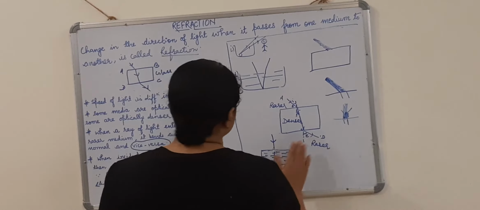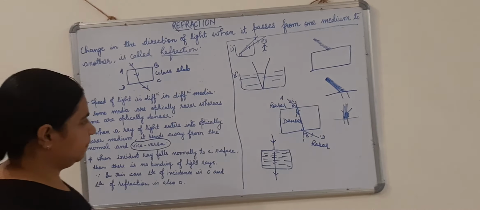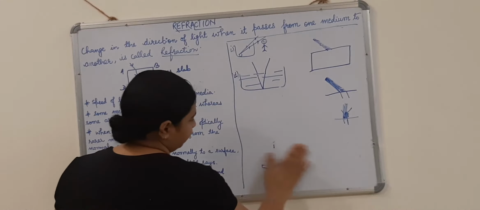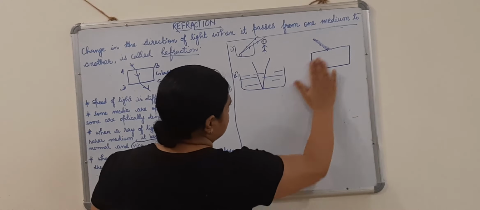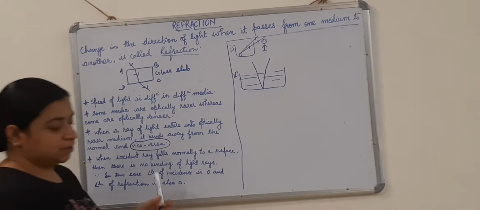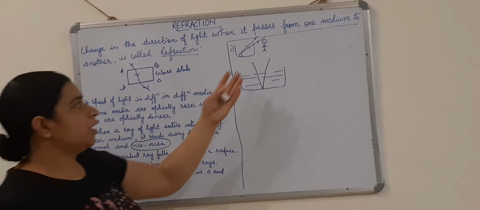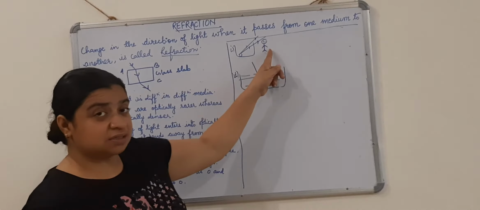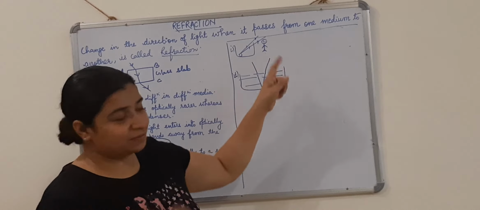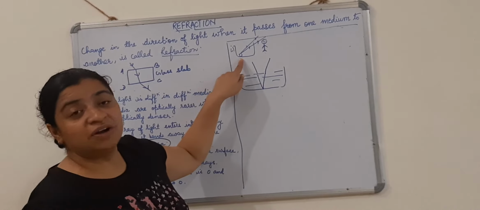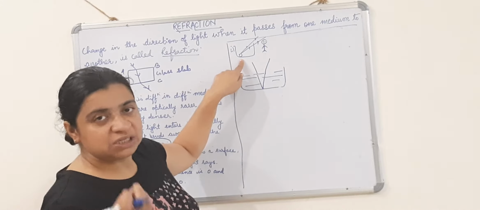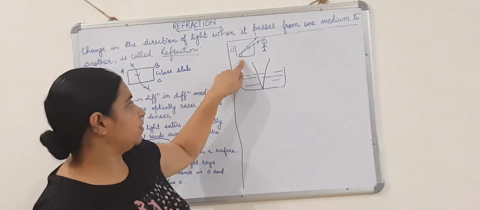Now children, let us switch over to what I have drawn here. There are activities in your book which we need to see. Suppose you have taken a coin and kept it in an empty glass tumbler.